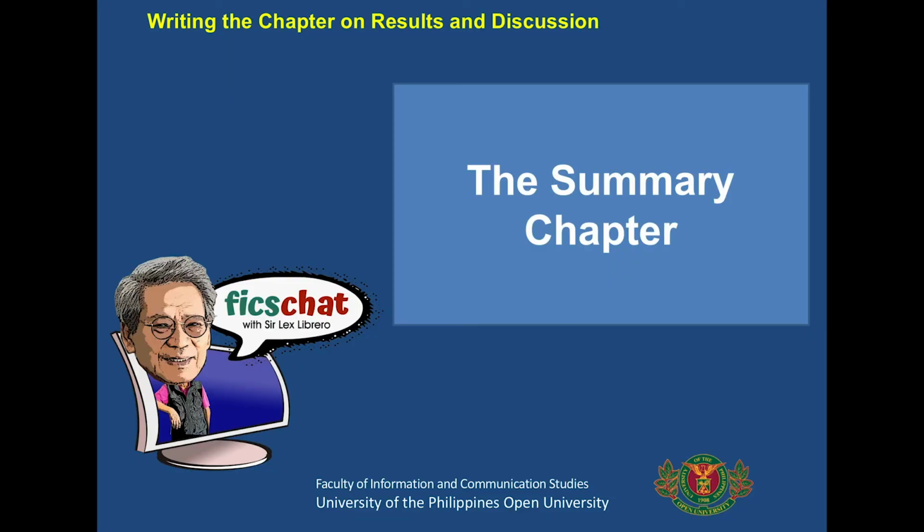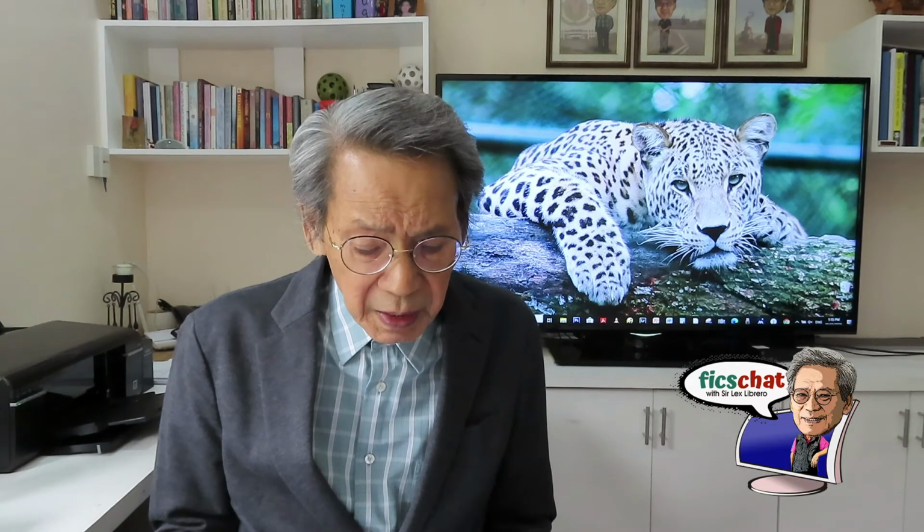All right, now let's have a quick look at the summary of the thesis. Some theses will have a separate chapter on the summary. We are not insisting that you should have a separate chapter on the summary, but we are suggesting that you must have a major section in your thesis that takes care of the summary.